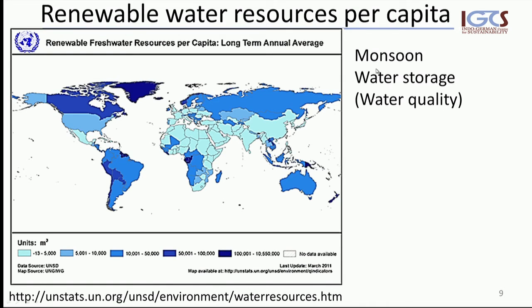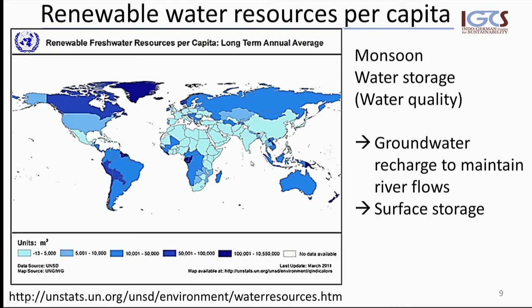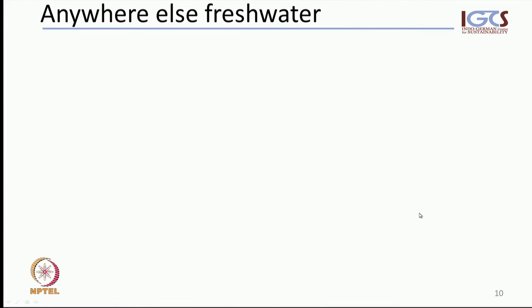So if we have a very short but intense rainfall season, not all of the water can essentially be stored and remain available for later use in the country. What this also implies is that a lot needs to be done on groundwater recharge. Remember that groundwater contributes to our runoff. It maintains river flows and surface storages.